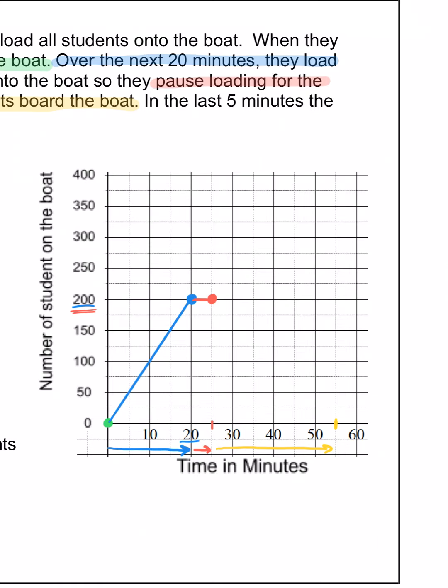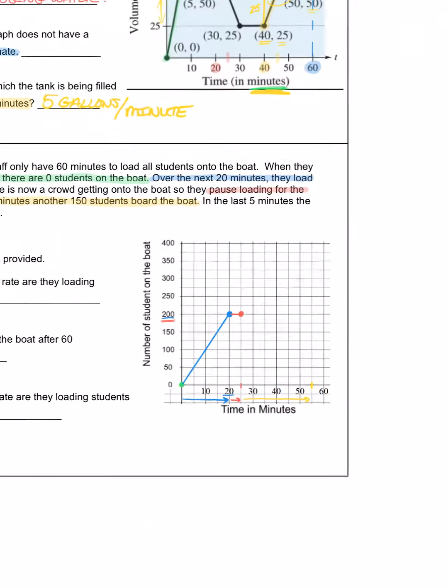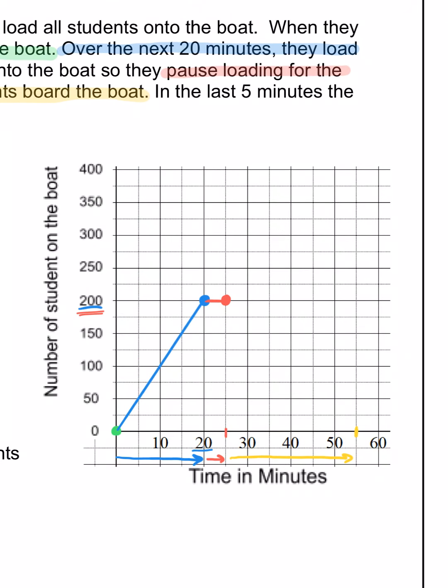And 200 plus, we're adding 150 students. That's going to get us to 350. So we are at 55 minutes, and we will have 350 students on the boat. Just remember, we always want to use a ruler to make our work nice and neat. We want to be accurate.